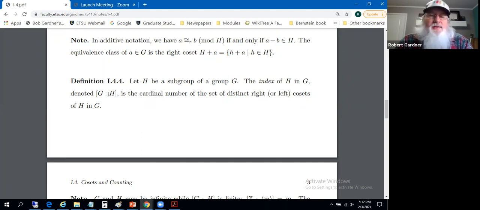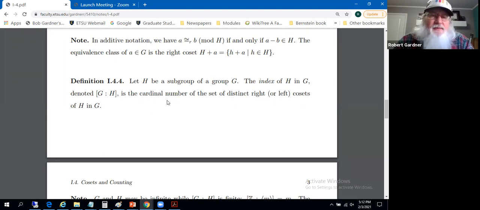So this represents the cardinality of the collection of right cosets or left cosets of H in G. I really want to say number, and for pedagogical reasons, maybe just be careful with that.